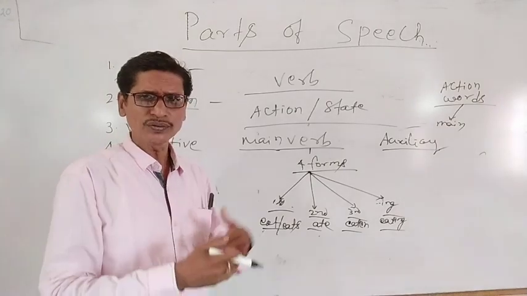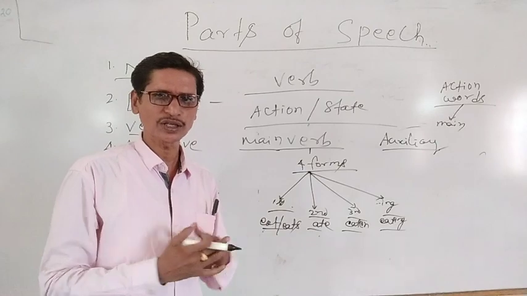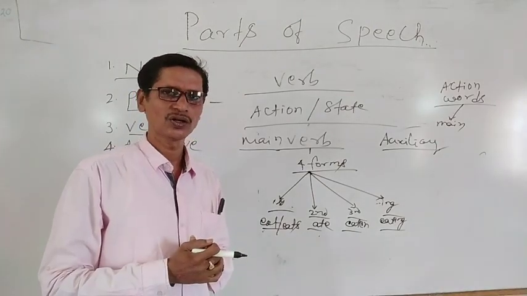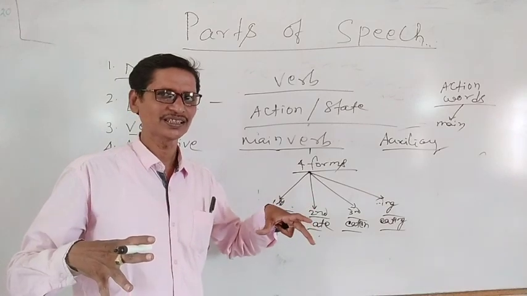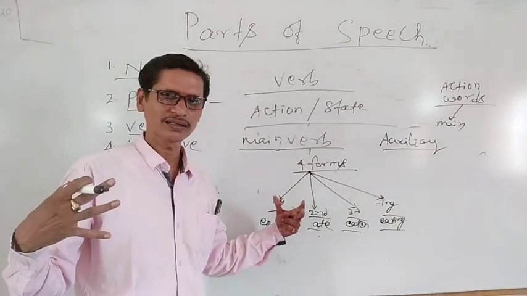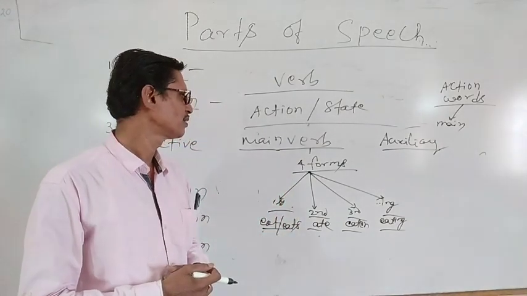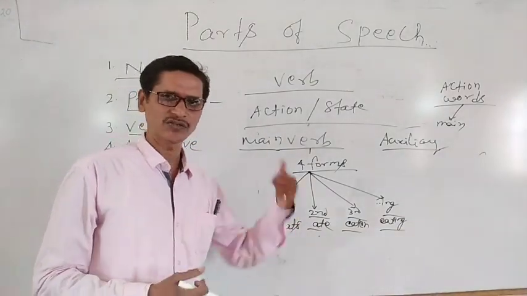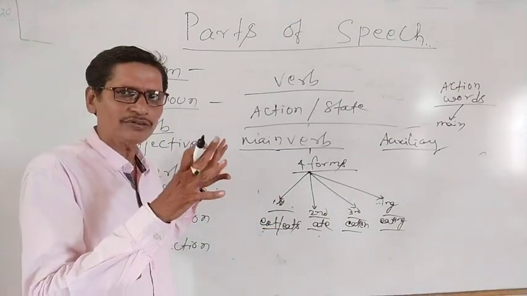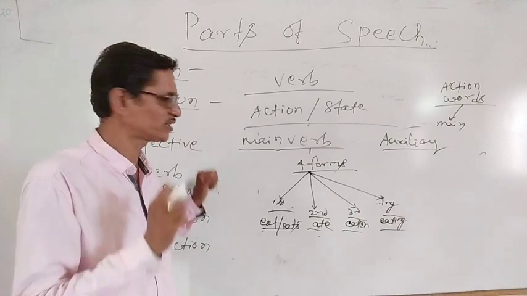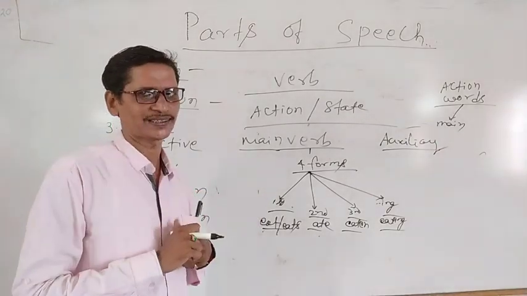When they need to change, that we will discuss in subsequent classes. We will clearly discuss and classify them, their uses and causes for the changes in the forms of verbs, of main as well as auxiliary.